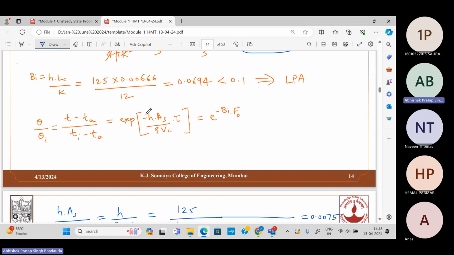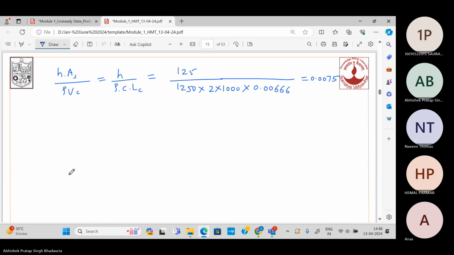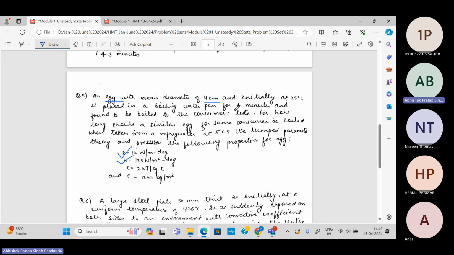Since we are interested in the entire term, we can say this is multiplied by tau. So this is hA_s divided by rho V c, that is, 0.0075, into tau, which is 4 minutes.